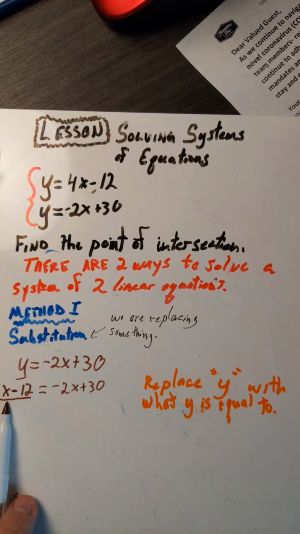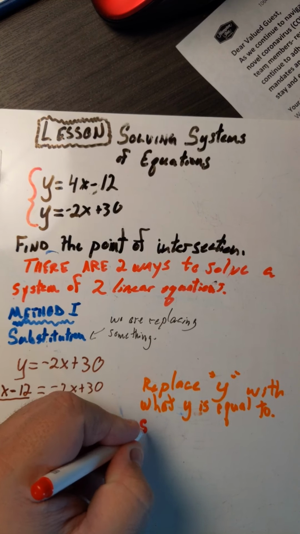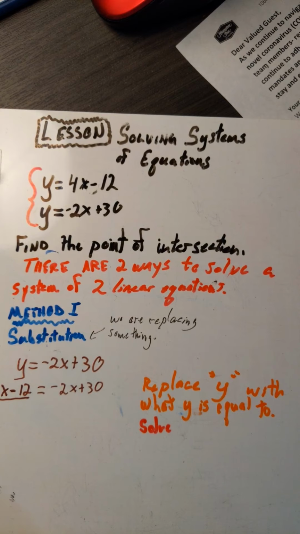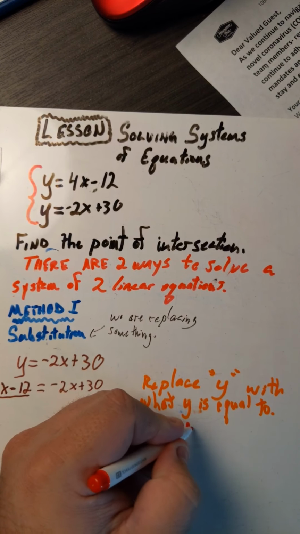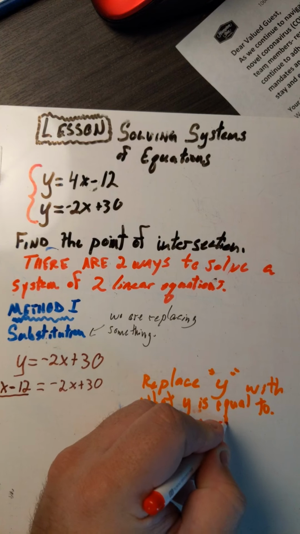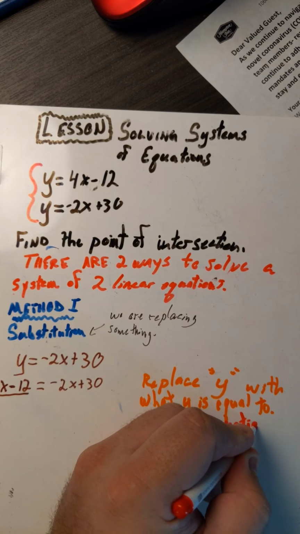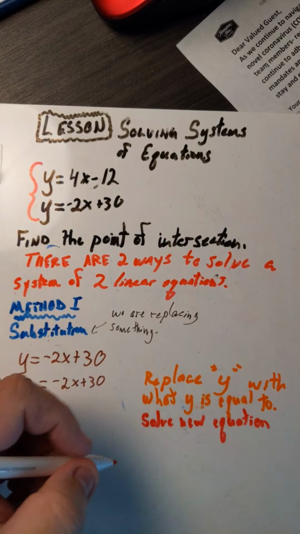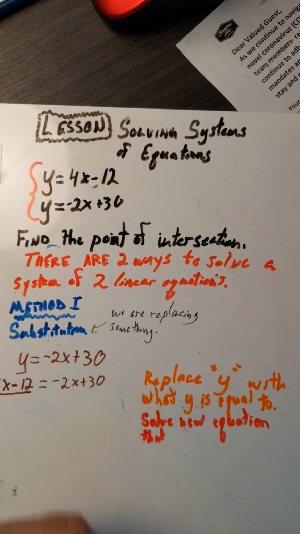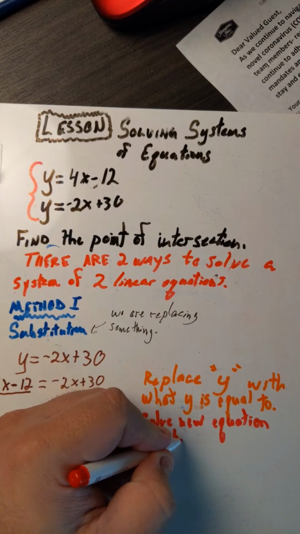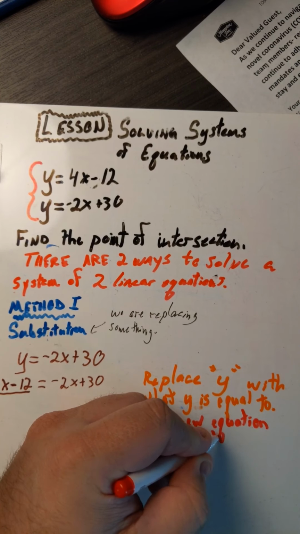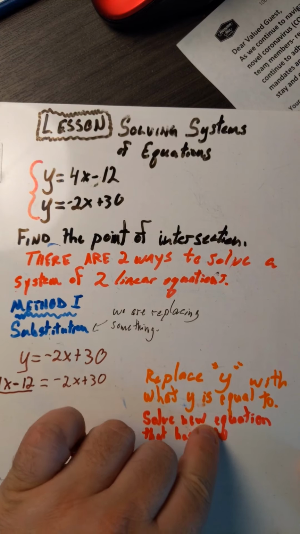Now we just have one type of variable, which means we can now solve this equation because it only has one variable. So that will be our next step. We are going to solve the new equation that has only, oof, that's not going to work.